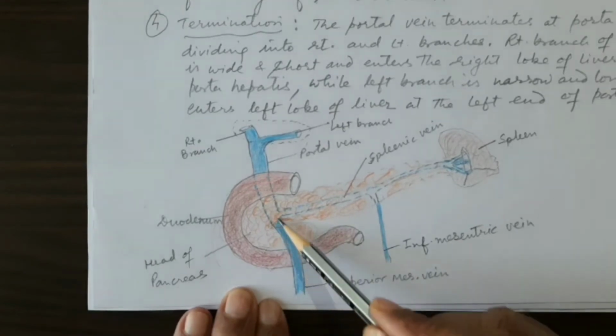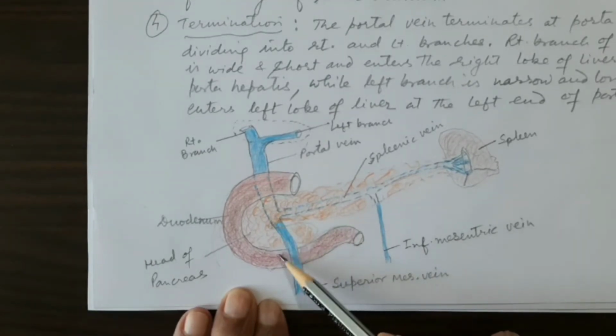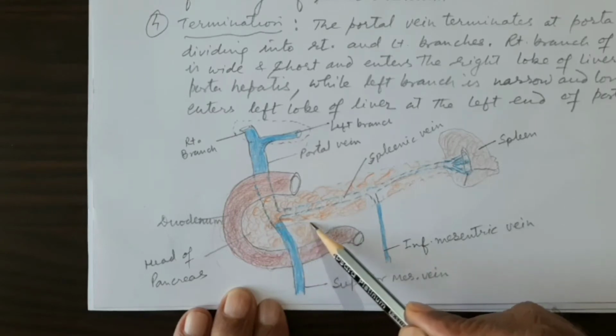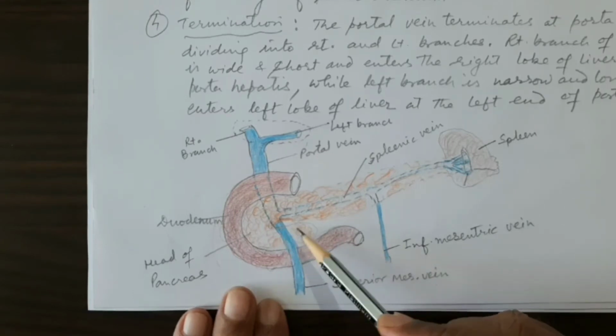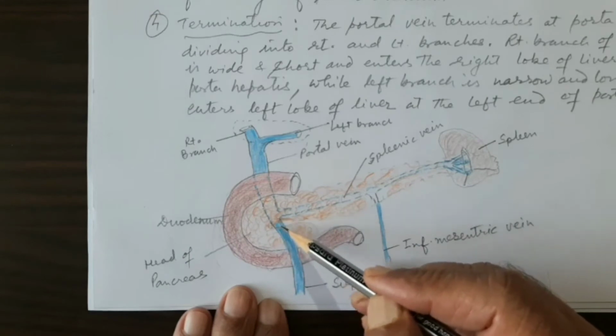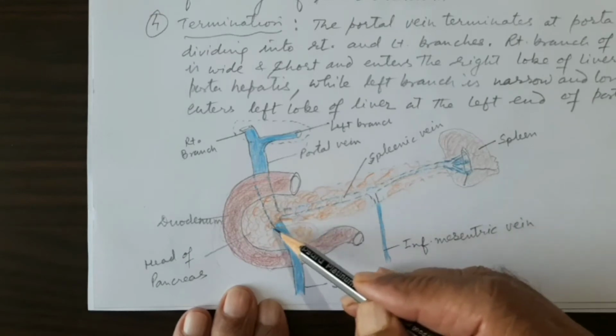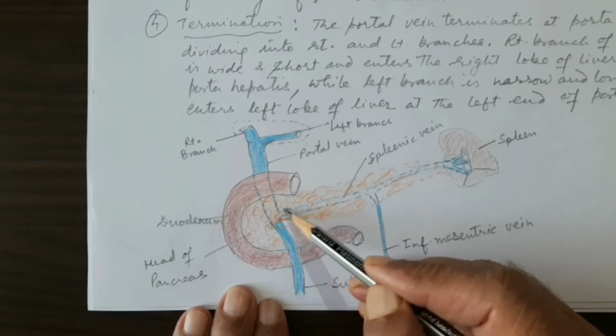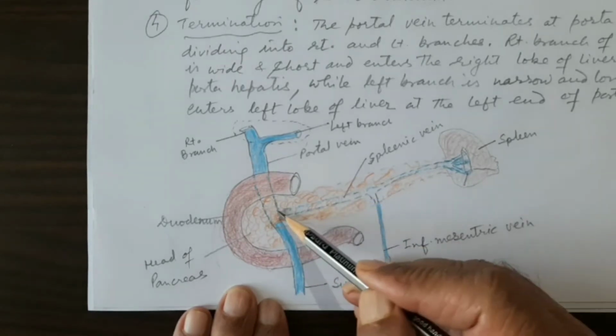See this superior mesenteric vein bringing the blood from the intestine, lying on the anterior aspect of the third part of the duodenum, then it lies in front of the uncus of the pancreas, and then it enters inside the substance of the head of the pancreas, and at the neck here, the splenic vein joins it.